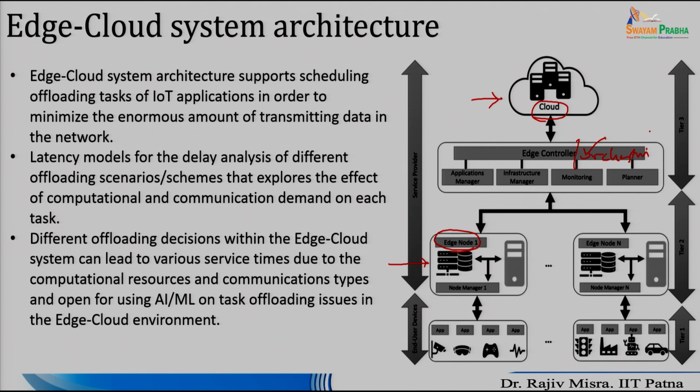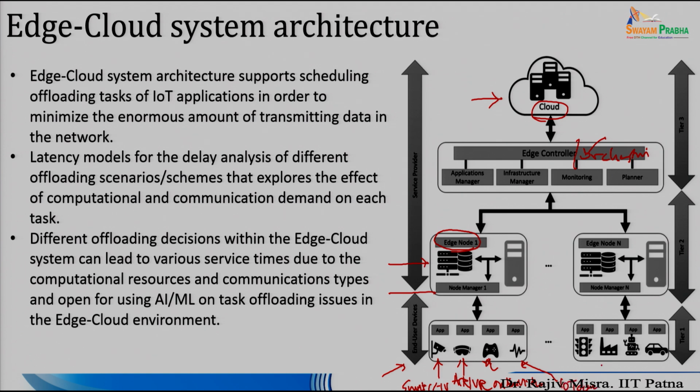So, as far as this part is concerned, where the end user devices are there, for example, end user devices may be the smart CCTV camera, AR VR devices, online video gaming and other IoT devices.